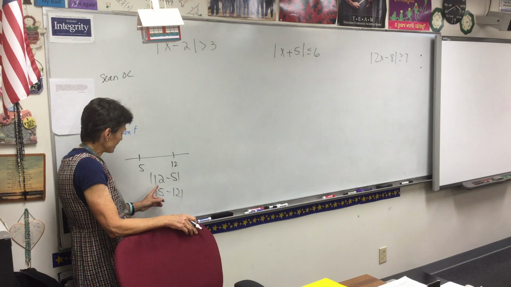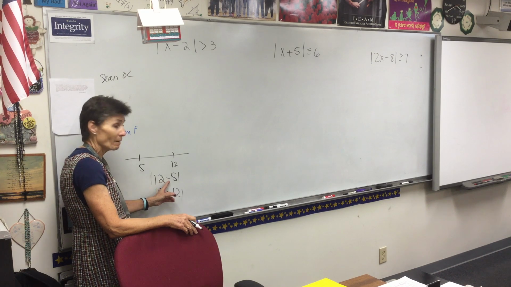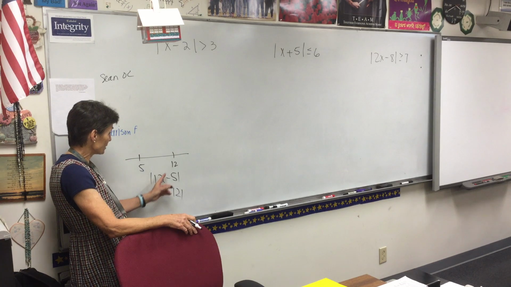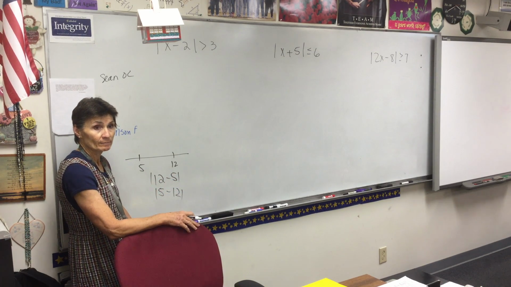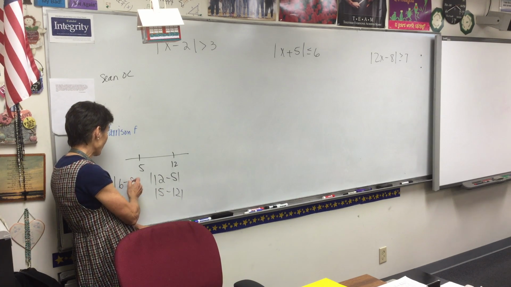So when you see an absolute value expression with a minus sign in it, what that's really doing is telling you how far apart two things are on the number line. So if I said, what's the absolute value of 6 minus 8?